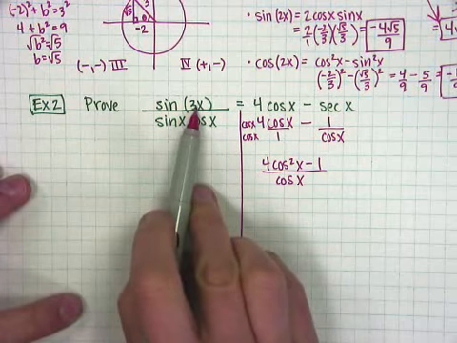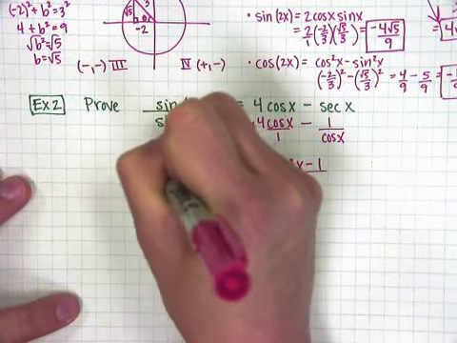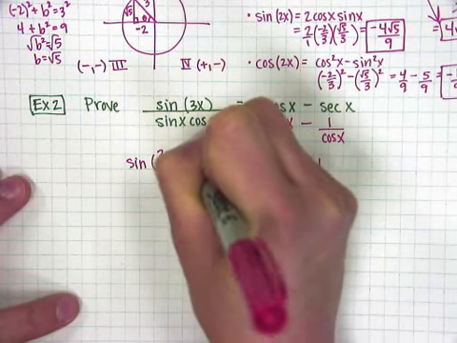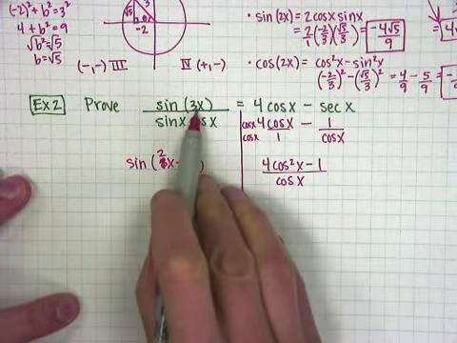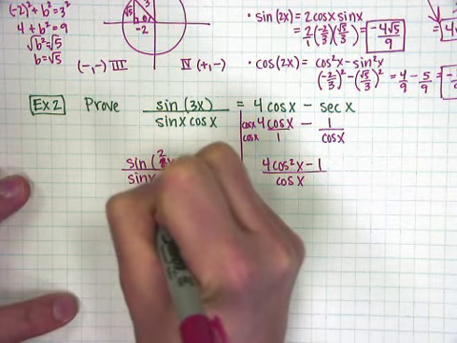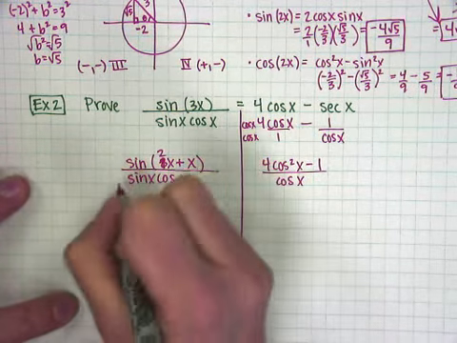If you see something like sine of 3x, you're going to use addition to break that up. So sine of 2x plus x, because 2x plus x is 3x. And then you're going to use your sine addition formula.